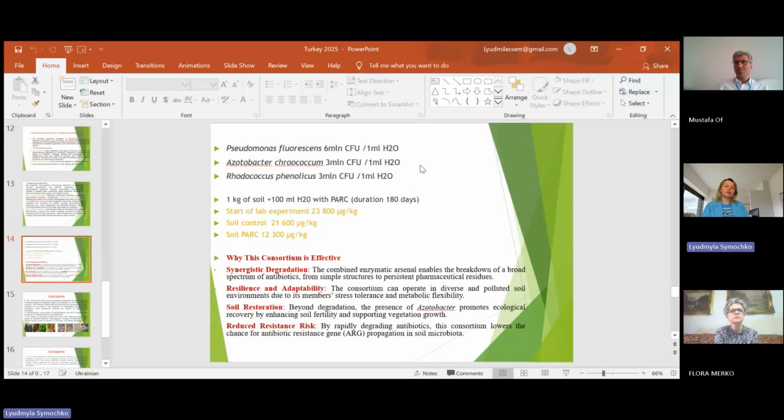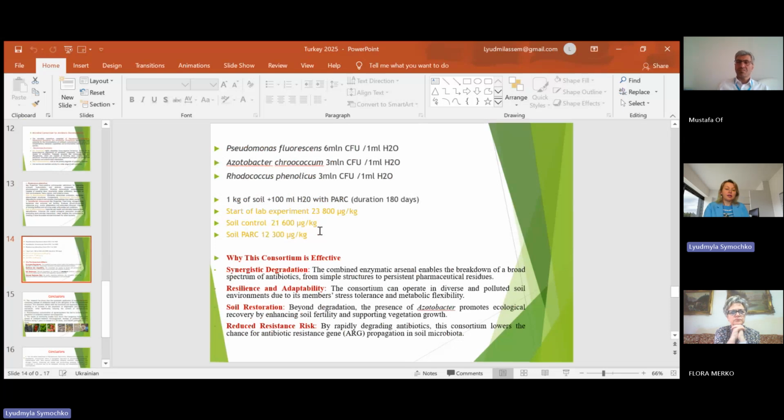And the duration of our experiment was 180 days. So in the beginning, the concentration of antibiotic in the soil was 23,800 micrograms per kilogram of soil. In the control, it was 21,600 micrograms per kilogram of soil.